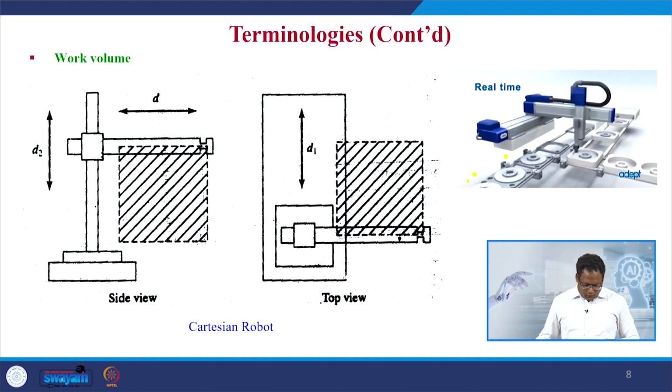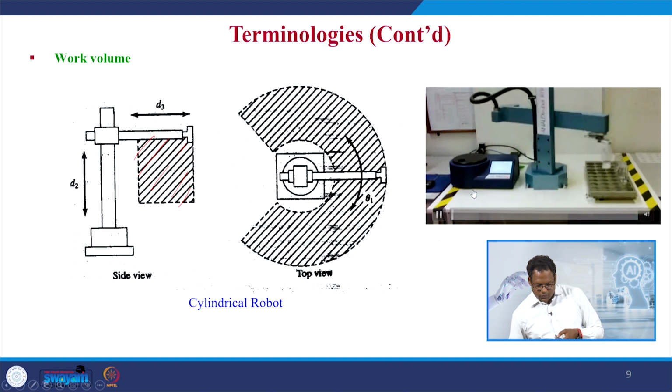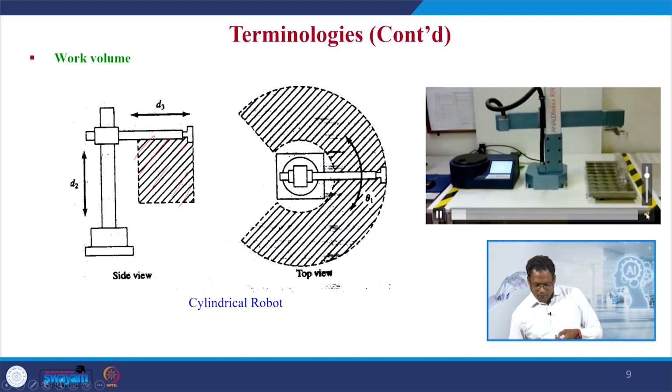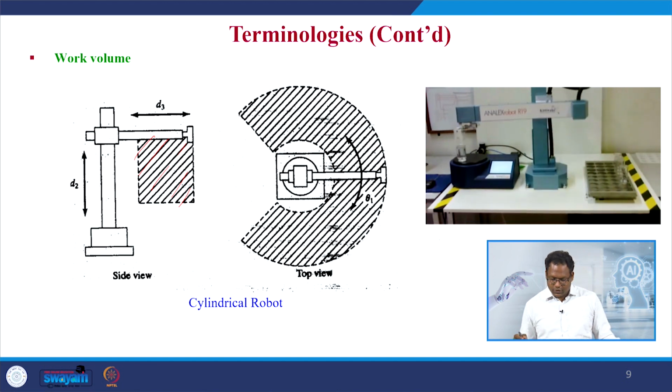And now let us move on to the cylindrical robot, which is a combination of both prismatic and revolute joint. The work volume seen from the side view is going to be a square area whereas the top view is a circular area, and the real functioning of the robotic system is shown here, which is a combination of revolute and prismatic joint for pick and place application.